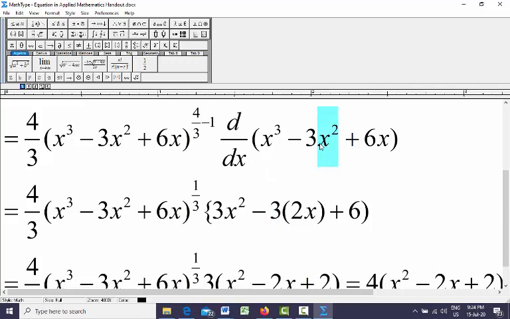If you do differentiation of x square, you will get 2x, because the power will come first. That means you need to write the power first, and then the power will be reduced by 1. We have already power 2. If you reduce it by 1, we will have only power 1. As I said before, if you have only power 1, you don't have to write it. So that means if you do differentiation of x square, we get 2x. So 3 multiplied by 2x can be written like 6x, right?